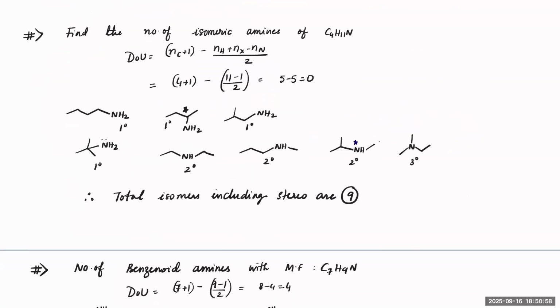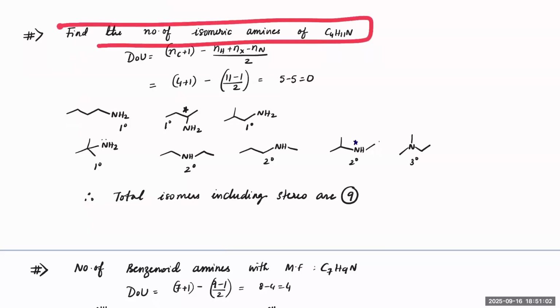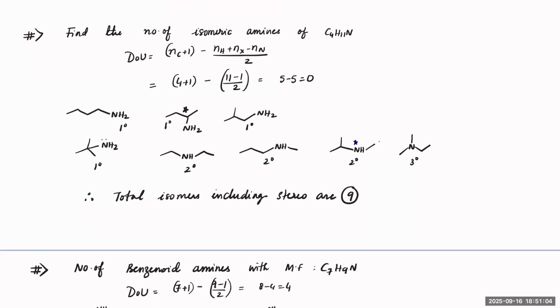Next, if we need to find out how many isomeric amines are present for a particular compound, C4H11N, you can see one, two, three, four carbons, one nitrogen.